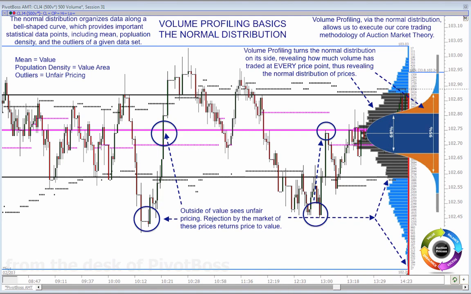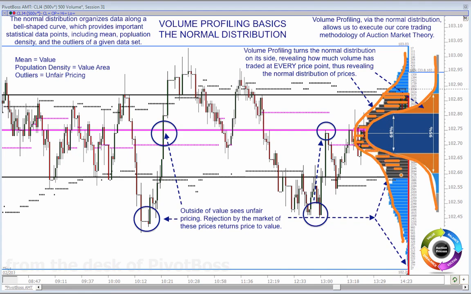So when we're looking at this curve here, what you'll notice is we have our typical curve right here. And what we've done here is we've basically turned the normal distribution curve on its side. And now this mirrors what you actually see here in the actual profile on the chart. So this is the volume profile. All of these horizontal lines represent how much volume traded at that specific price point.